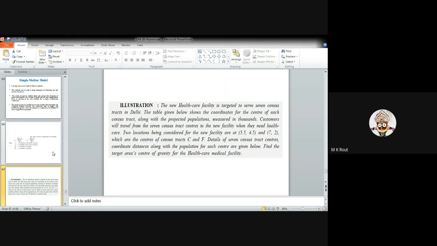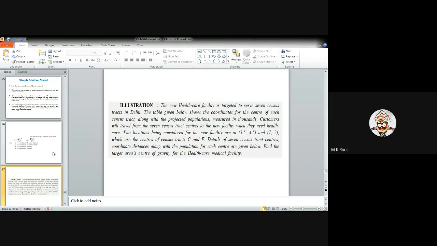The new healthcare facility is targeted to serve 7 census tracts in Delhi. The table below shows the coordinates for the center of each census tract along with projected populations measured in thousands. Customers will travel from the 7 census tract centers to the new facility when they need health care.